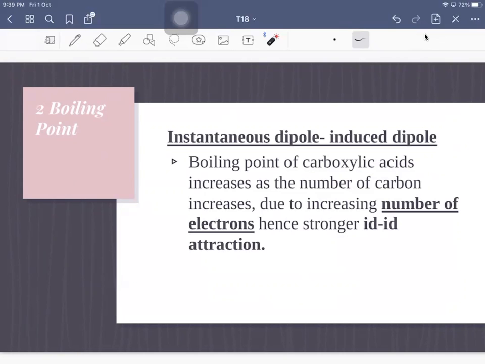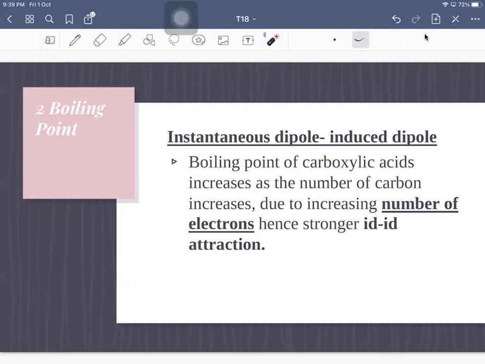And as you all know, there are 3 types of intermolecular forces. The first one is the IDID, instantaneous dipole, induced dipole, being the weakest intermolecular force among the 3. Anything that has electrons would by default have this IDID force.